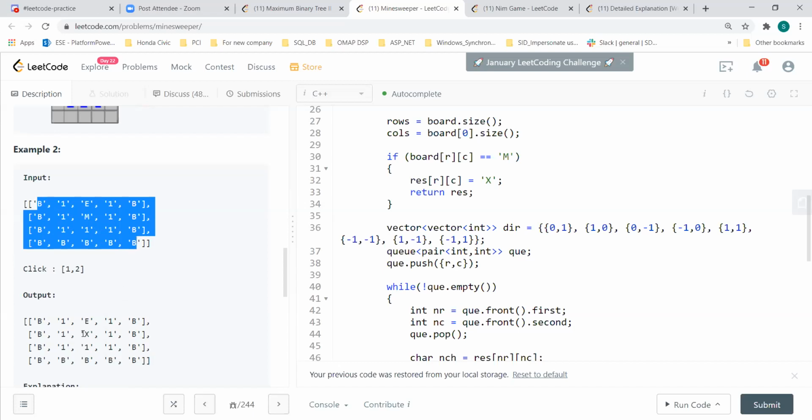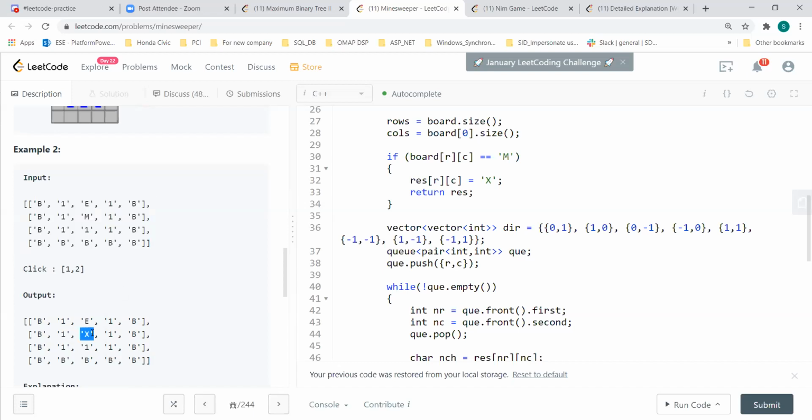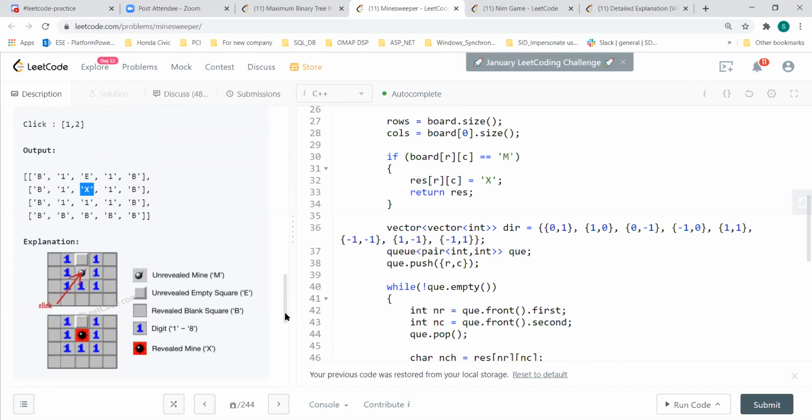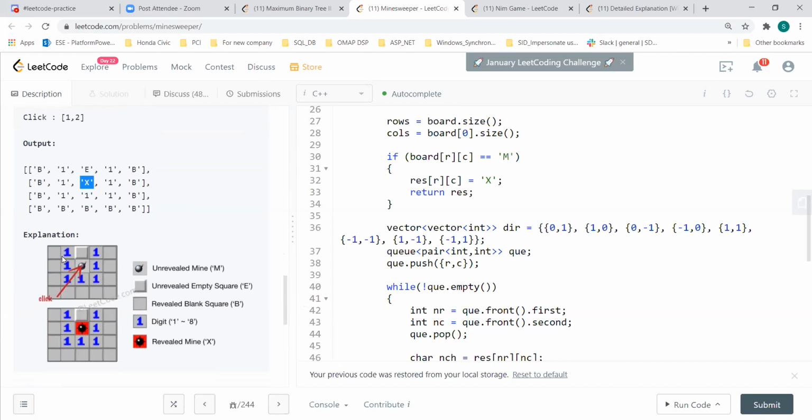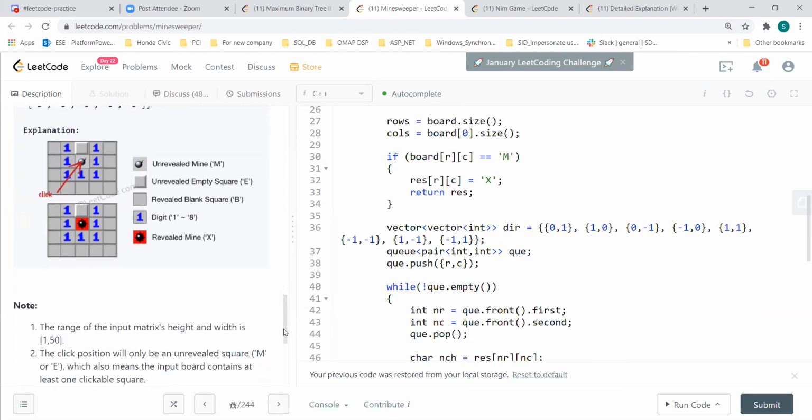Only the X changes. Your initial board was like that, then it was revealed like this, and this guy clicks on the mine. The mine is revealed, nothing else changes on the board, and the game is over.